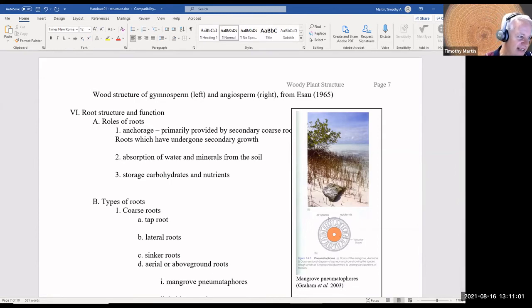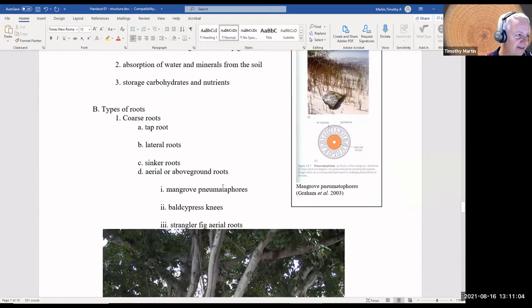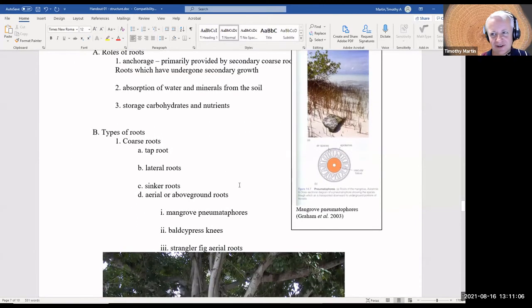And you can have different types of roots in root segments or root systems. You can have tap roots, lateral roots that come off of the tap roots. You can have sinker roots. So if you look at diagrams of root systems, you'll see those different root structures.